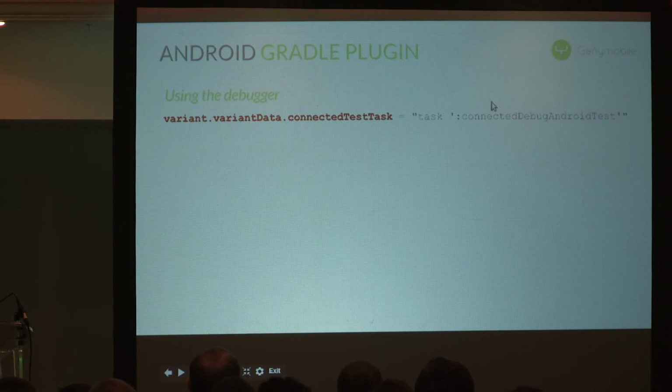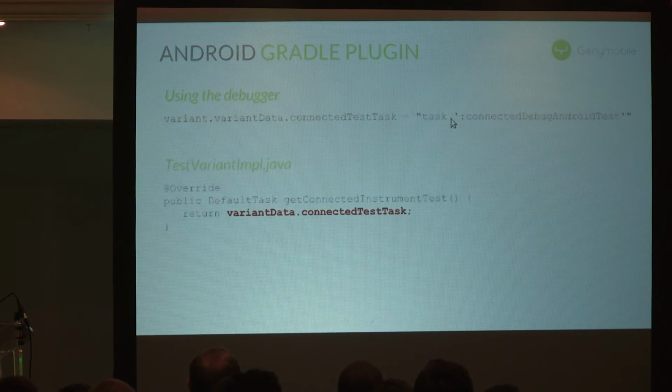And the real name was variantData, then connectedTestTask. So what I did, I took the source code and I looked for this variantData.connectedTestTask. And I found that in the test variant implementation there is a method called getConnectedInstrumentTest that was returning variantData.connectedTestTask.